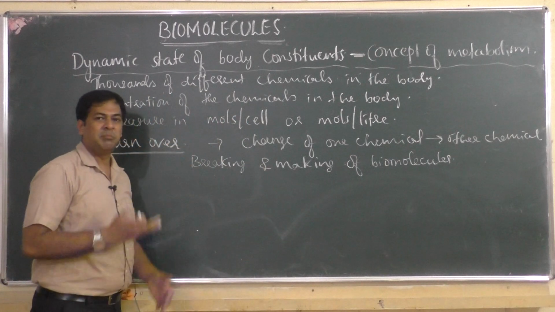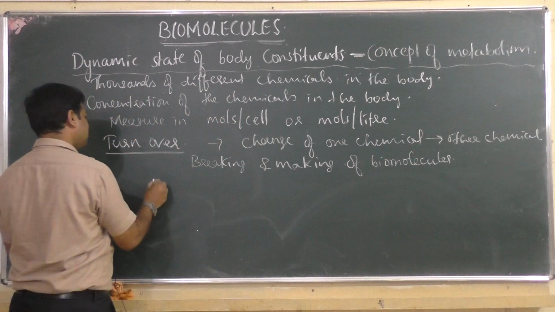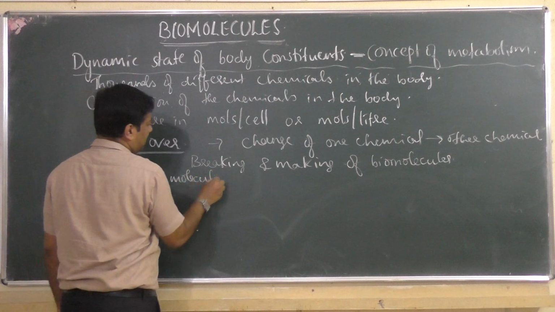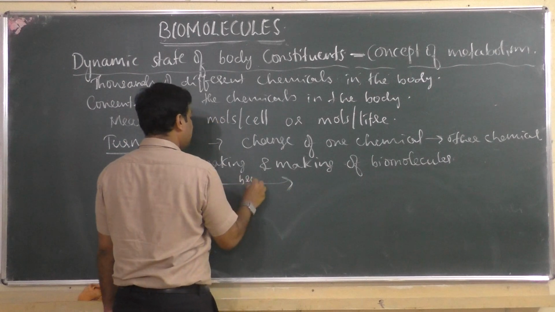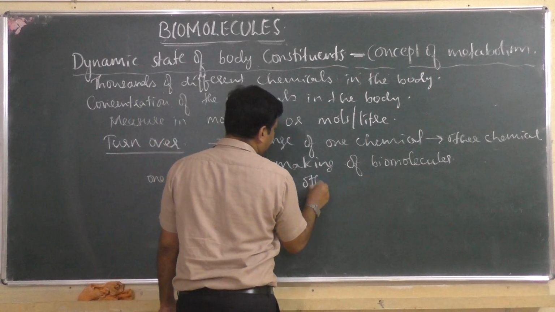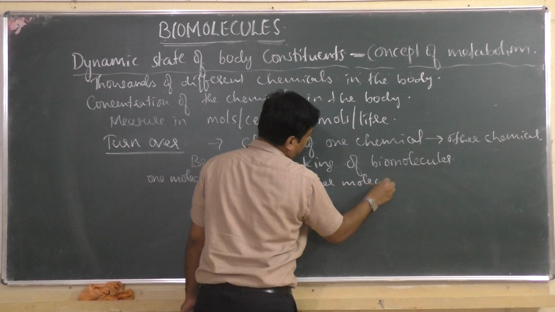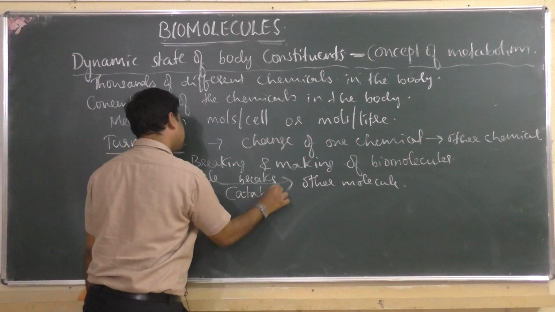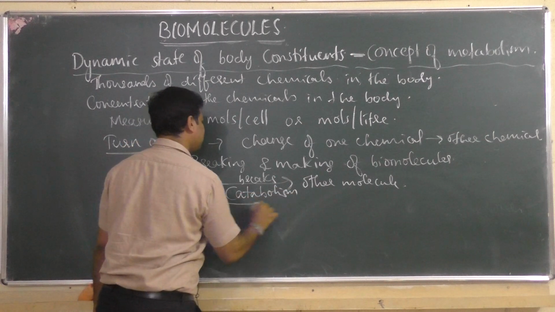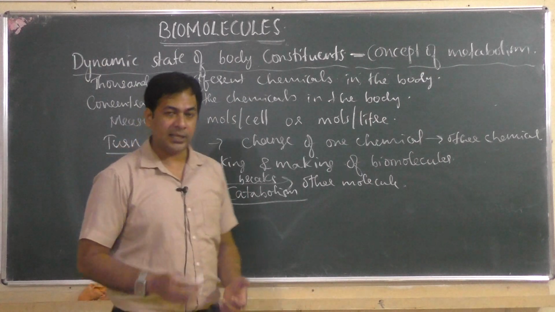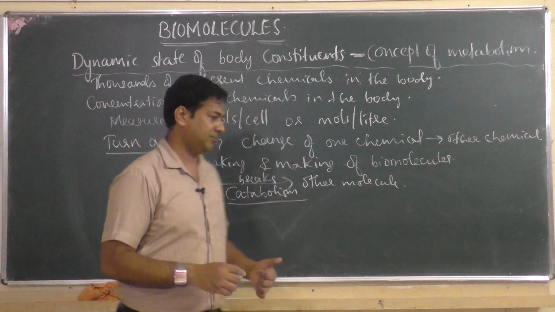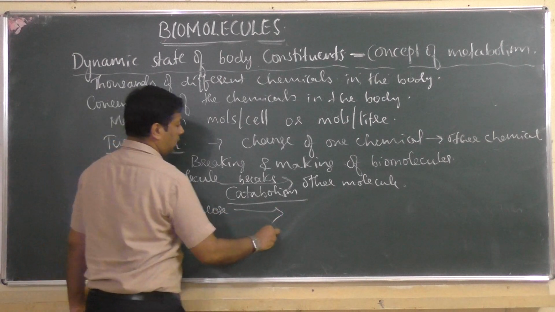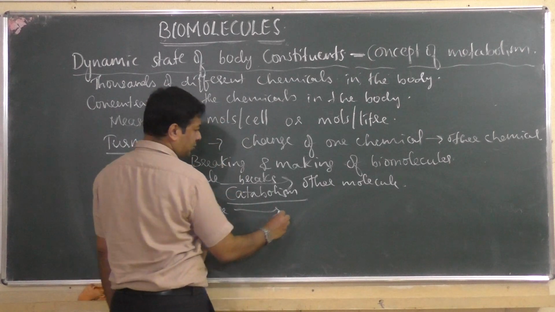Breaking means breakdown of one molecule. Like when one molecule breaks to produce another molecule, then it is called catabolism, a breakdown process. Like glucose breaks to produce energy, like glucose undergoes glycolysis to produce energy.